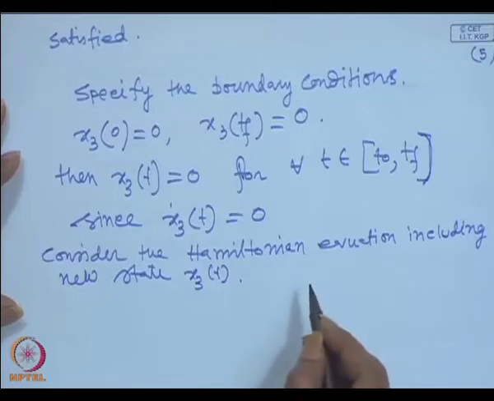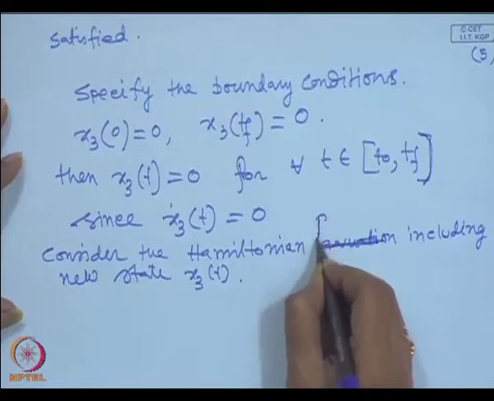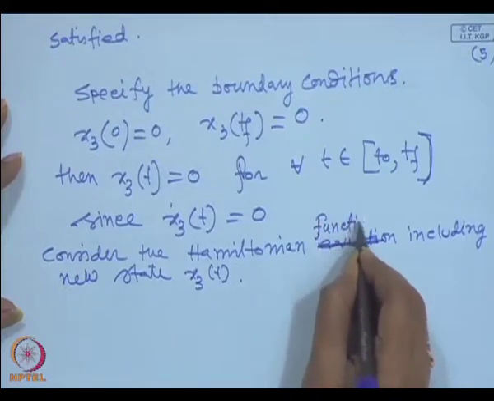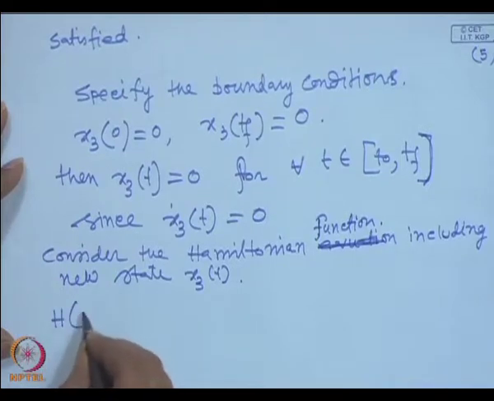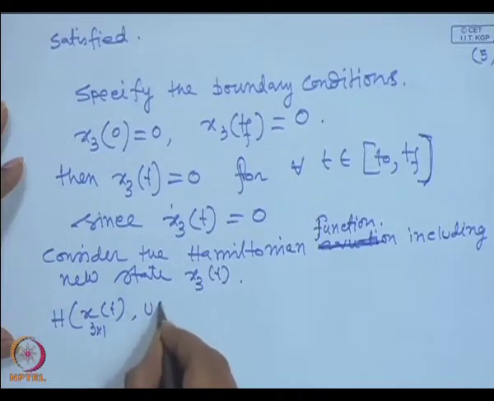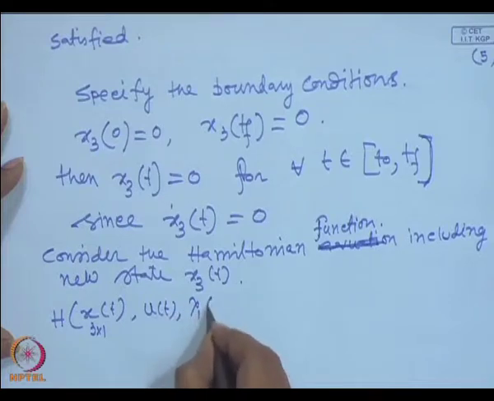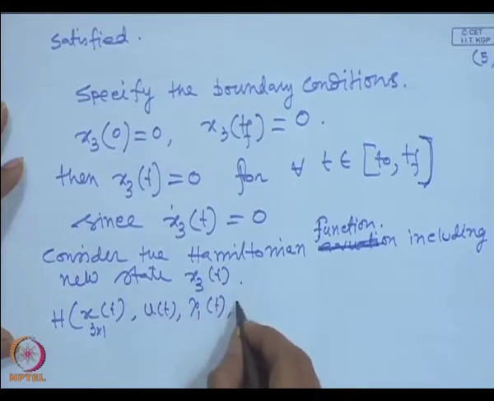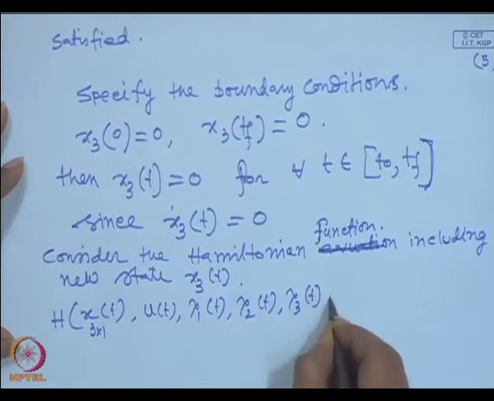H, whose arguments now include x 3 of t, then u of t, then the Lagrange multipliers lambda 1, lambda 2, lambda 3, because 3 states are there, so 3 multipliers are there, and then t.